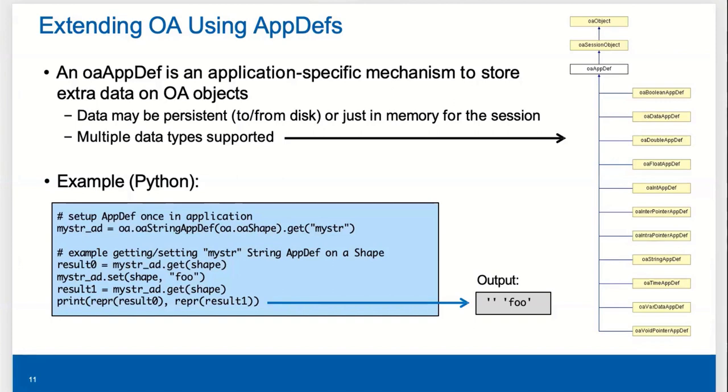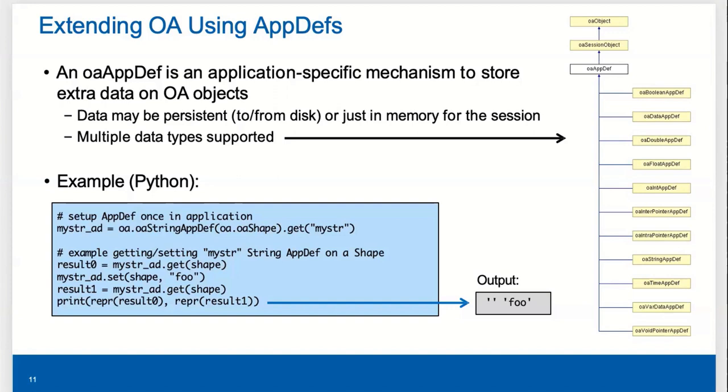There are various data types supported. They're listed on the right-hand side there. That's a screenshot from the OpenAccess API. And then I put together a very simple Python hello world type of script that shows how these could be used. The first step in that blue box is to create a string app def.